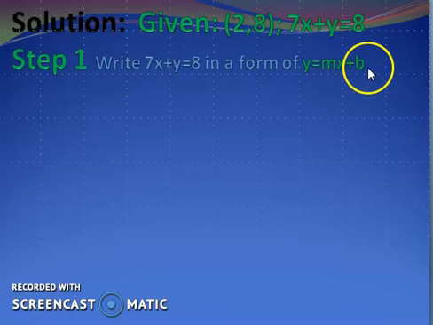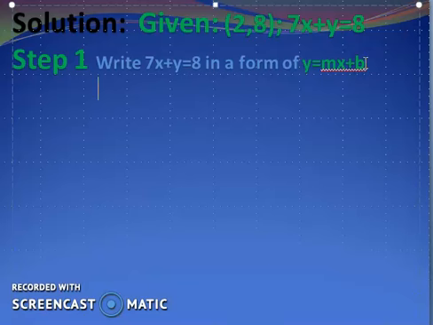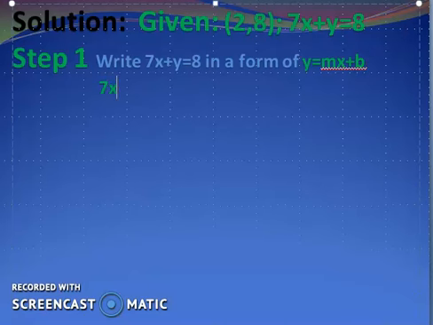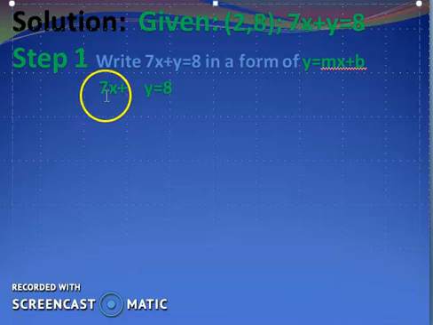First thing we have to do is to rewrite 7x plus y equals 8 in the form of y equals mx plus b. So we need to add the opposite of 7x, which is negative 7x, to both sides.